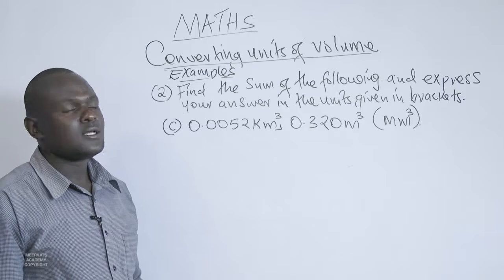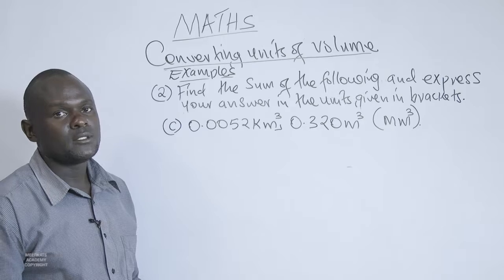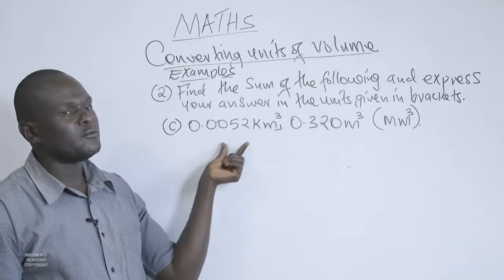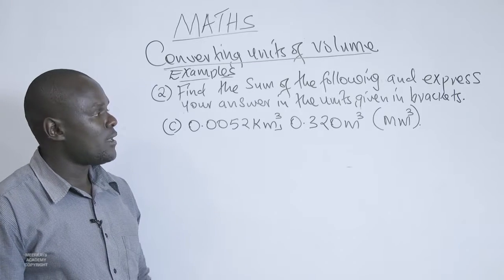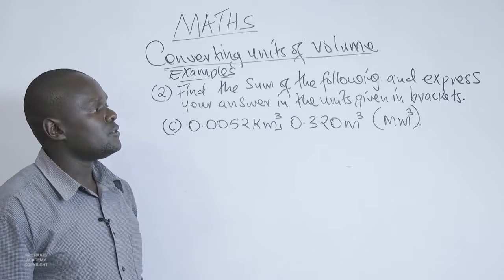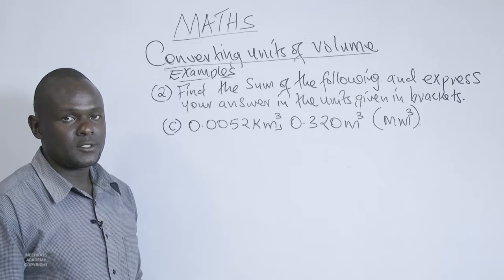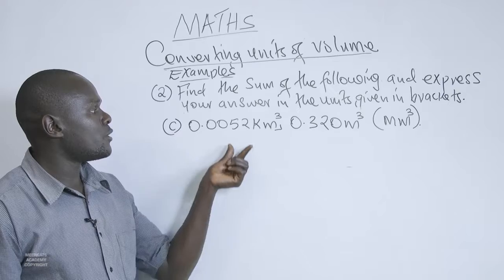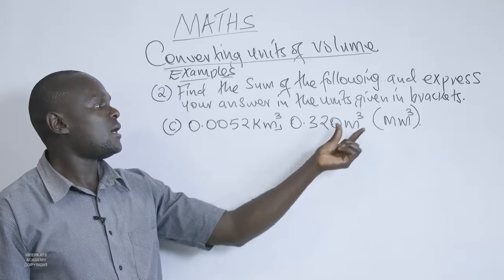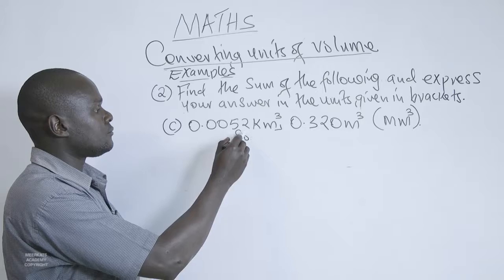Now, this last example on finding the sum is a bit interesting, because when you look at the two values that we have been provided with, their units are not in conformity with the units in brackets in which our answer should be expressed. So we convert this to cubic millimeters and also this to cubic millimeters before we add them.